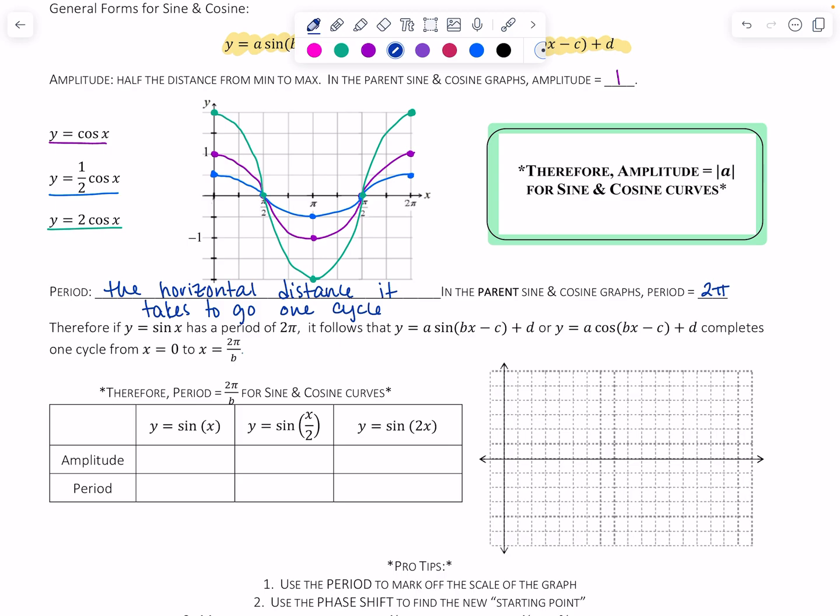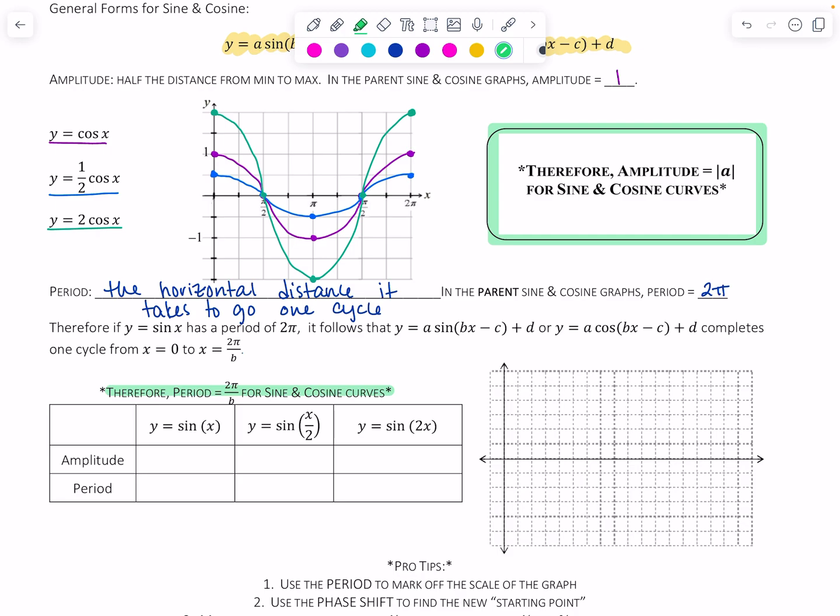All right, so therefore, if sine of x has a period of 2 pi, it follows that this would now have a period of 2 pi over b. So this conversion right here, therefore the period is 2 pi over b for sine and cosine curves.